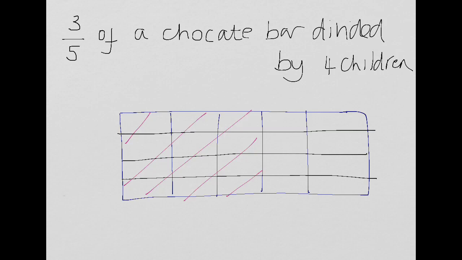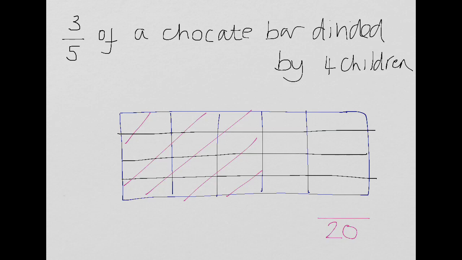If you look here, I've divided across this way into 4 bits. So I now can see that my whole bar is divided into 1, 2, 3, 4, 5, 6, 7, 8, 9, 10, 11, 12, 13, 14, 15, 16, 17, 18, 19, 20. It's divided into 20 pieces.